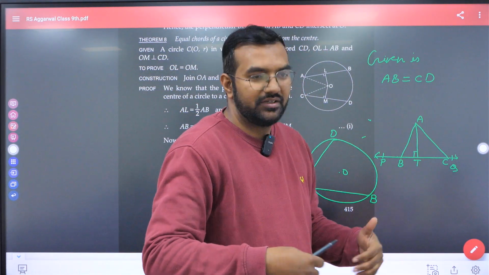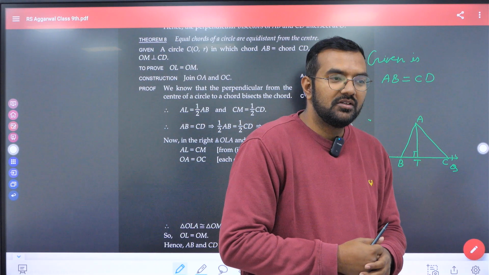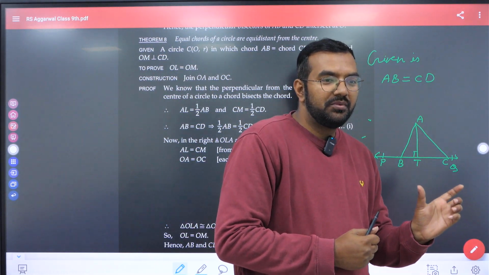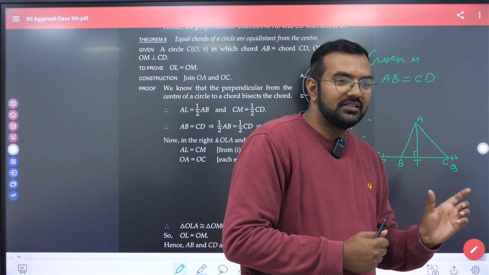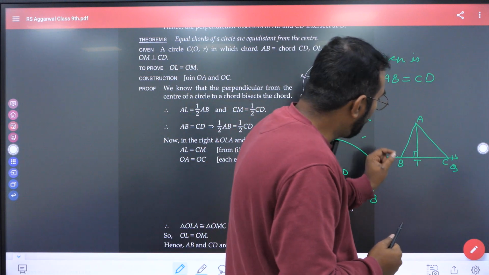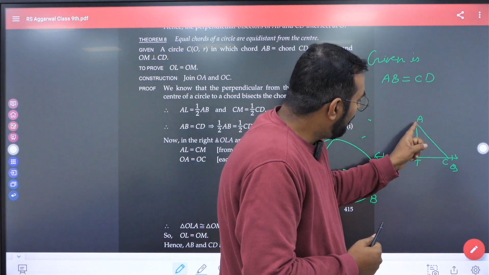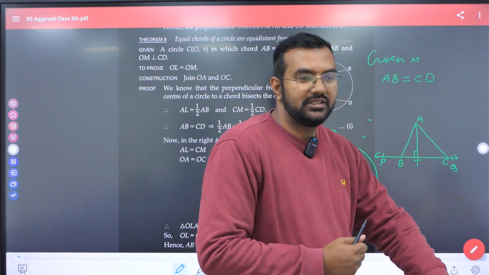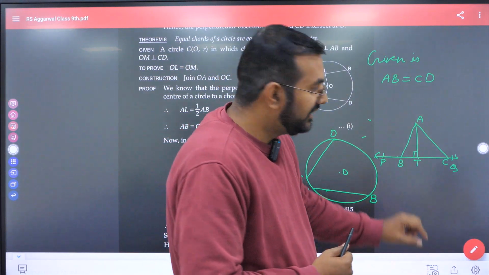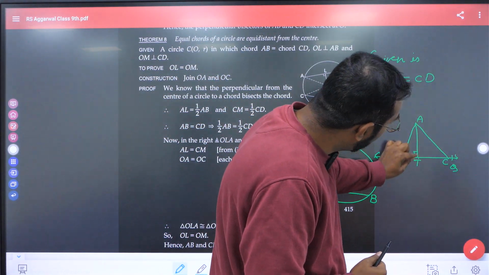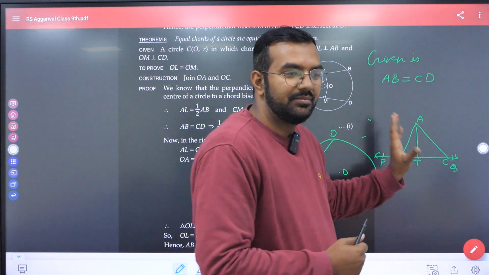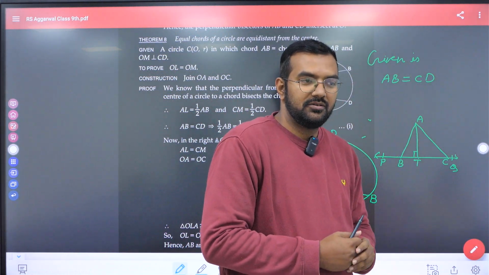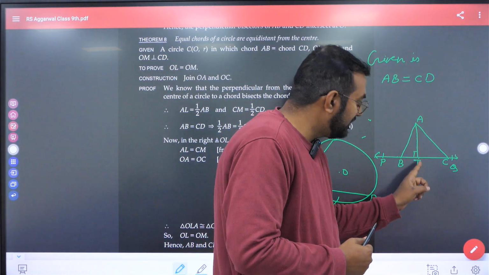So what is the proper way of representing the distance? The proper way is that from the point to the line, the line must be perpendicular. That line will be the distance. The line that is perpendicular from the point to the line represents the distance. Here AT is the distance.